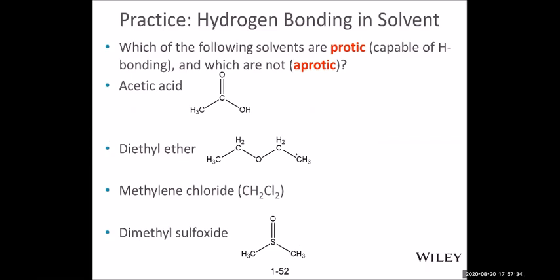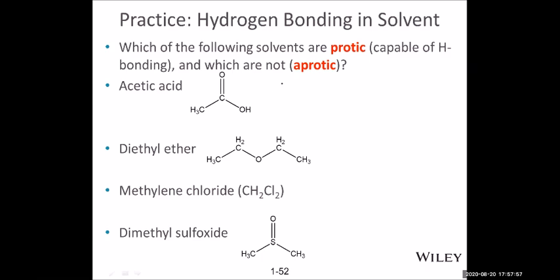You can see these are 4 compounds, and these 4 compounds can also be used as solvents because they're low cost, but they have very different physical and chemical properties depending on the structure.